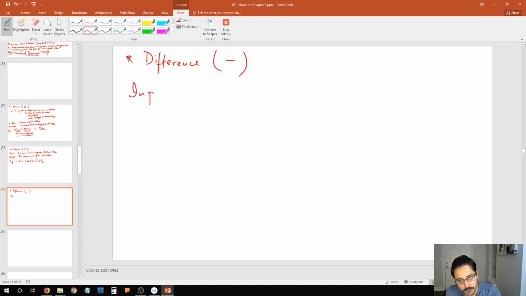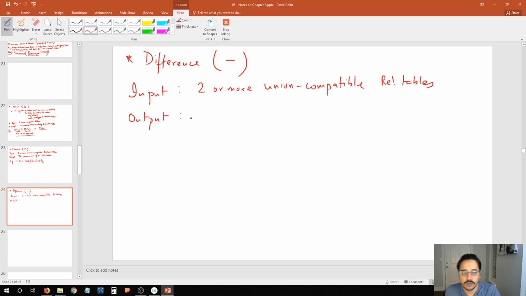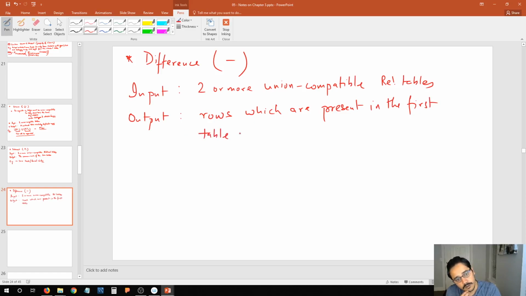So again, the input is going to be 2 or more union compatible relational tables, and the output is going to be rows which are present in the first table but not in the second one.